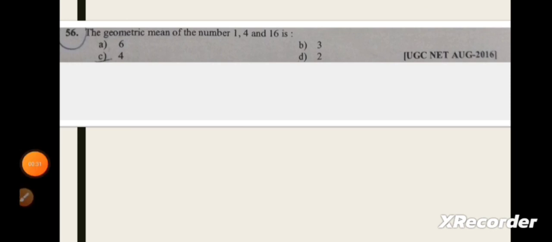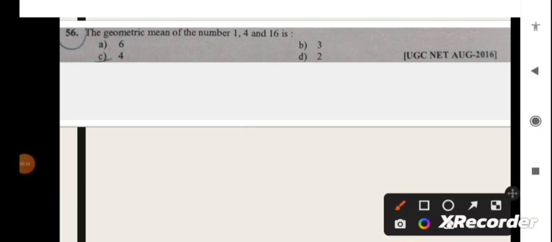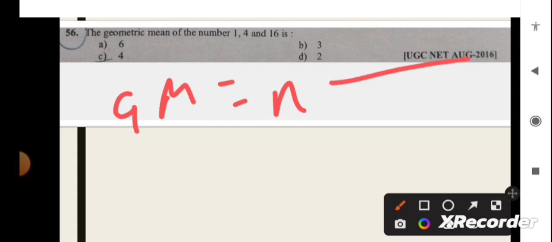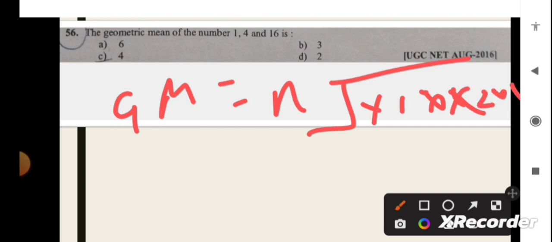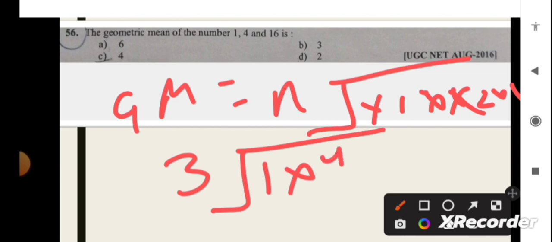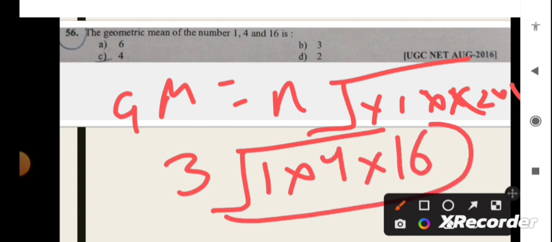To calculate geometric mean, it is equal to nth root of x1 into x2 into x3. Here the values of these are given, that is n will be 3, the cube root of 1 into 4 into 16. After solving this, we will get our answer, that is option C.